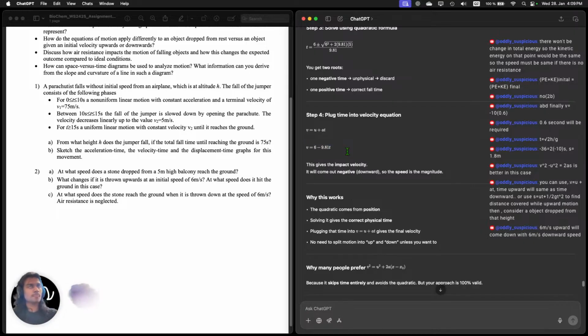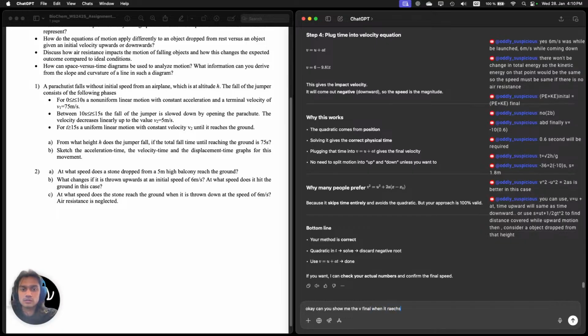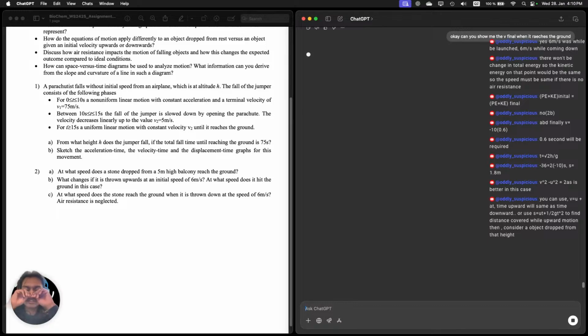Okay, yes, 6 meter per second. Okay, interesting. I mean, if that's the case, then the quadratic equation is not correct. Like the 11 that I got should not be correct.